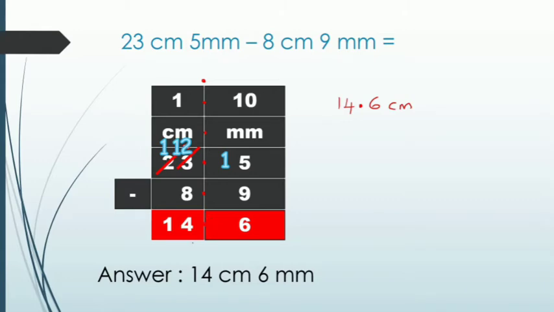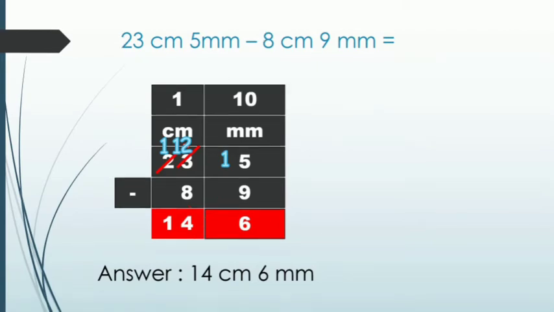When you write without this decimal point, 146, it will be a small unit. It is a millimeter. So when you do the T method, you can get 3 types of answer. One answer is centimeter, another is millimeter, another is according to the houses. So this is the easiest method to make sure you can find the answers in 3 different units.